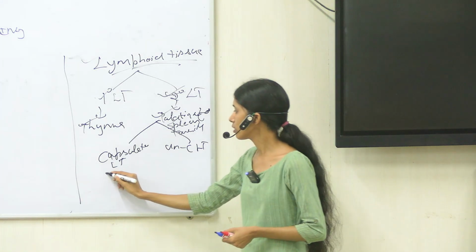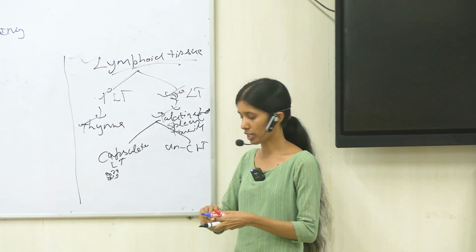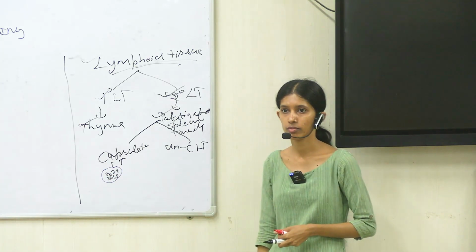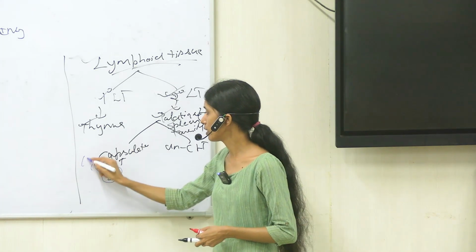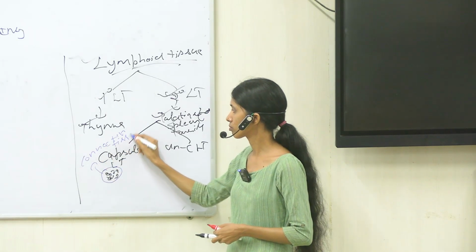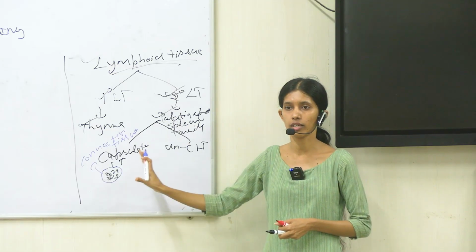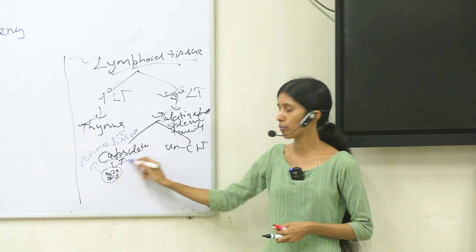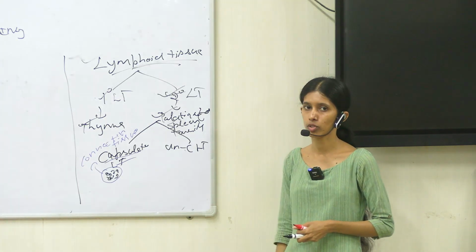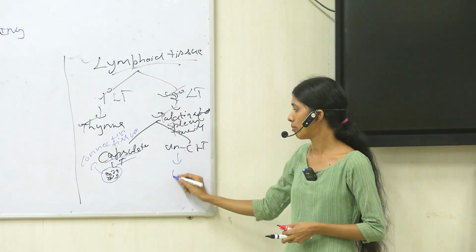If your lymphoid aggregations are present like this, they will be surrounded by connective tissue. This type of lymph nodes or lymph organs is called capsulated lymphoid tissue, and another one is uncapsulated. The example for uncapsulated is your MALT.